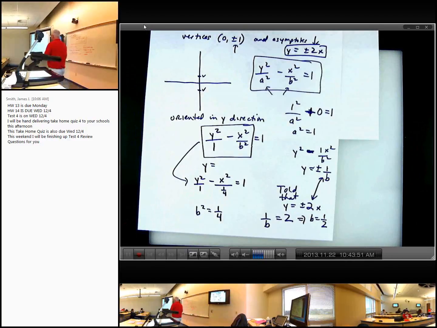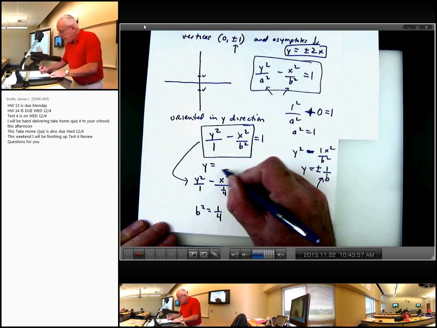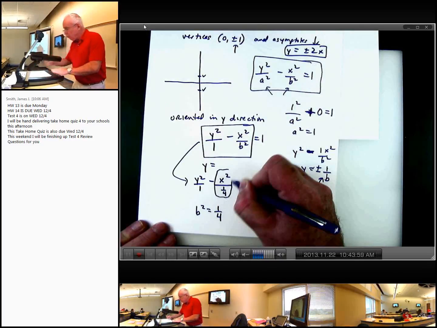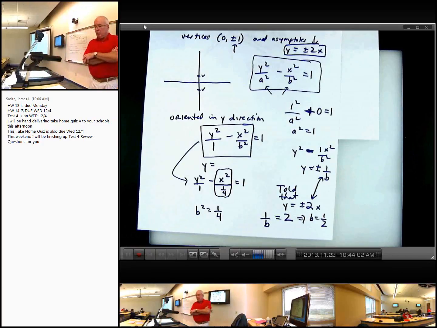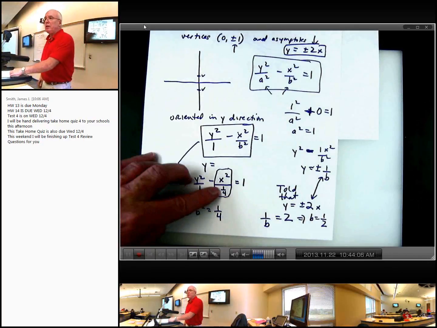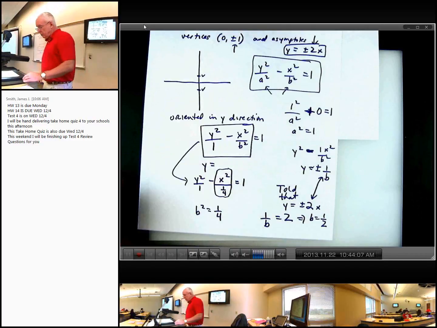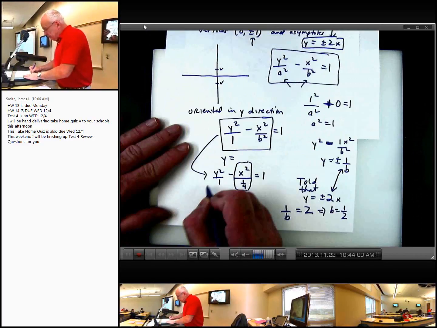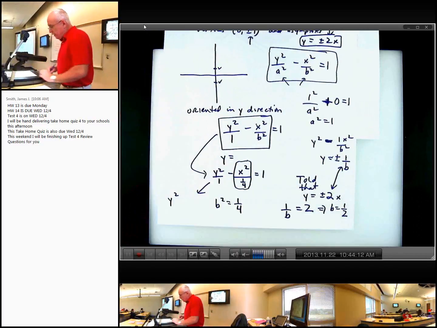And I guess that's good enough, but I could make it look a little bit nicer if I did something with this term right here. Remember that when we divide by a fraction, it's the same as multiplying by the reciprocal. Let's forget the 1 in the denominator.